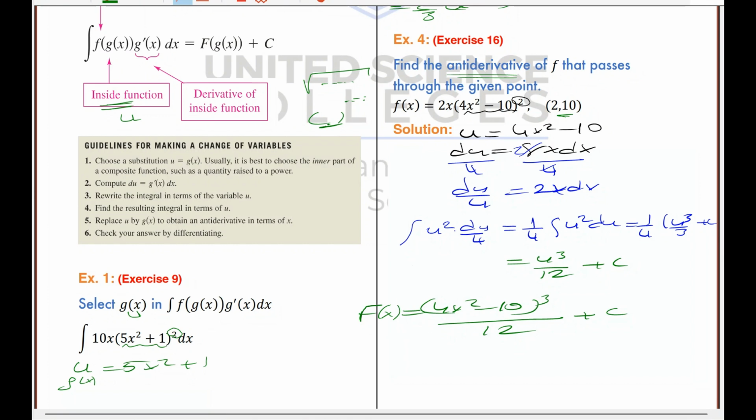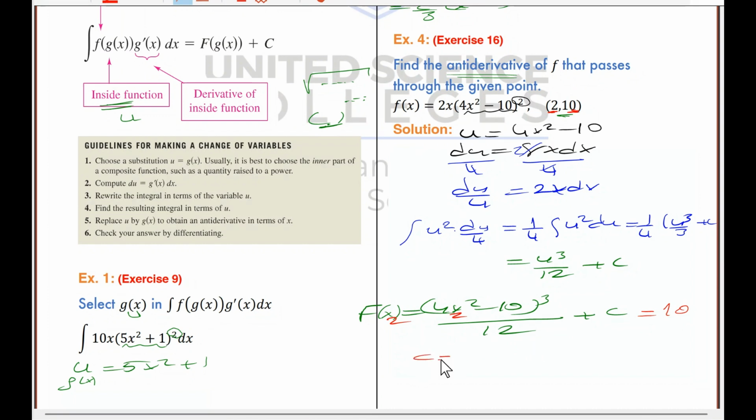Now, I got my antiderivative. What I need is a specific c value so that I get that specific antiderivative. I know because of the given point, my x is 2 and my y is 10. 2 squared is 4, 4 times 4 is 16, 16 minus 10 is 6, 6 cubed is 216 over 12 plus c is equal to 10.